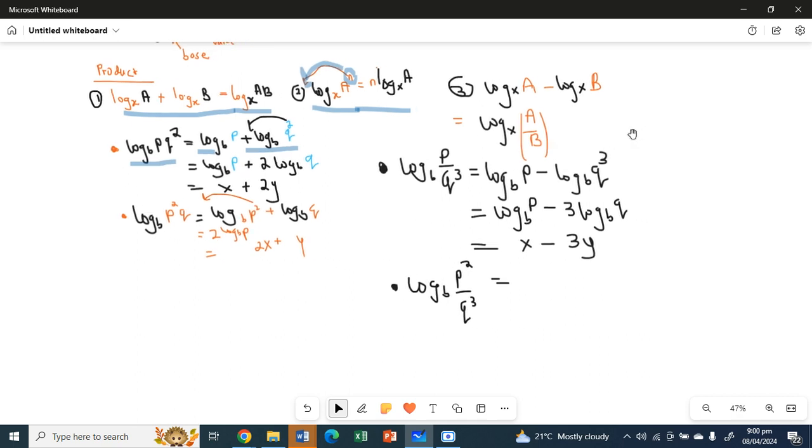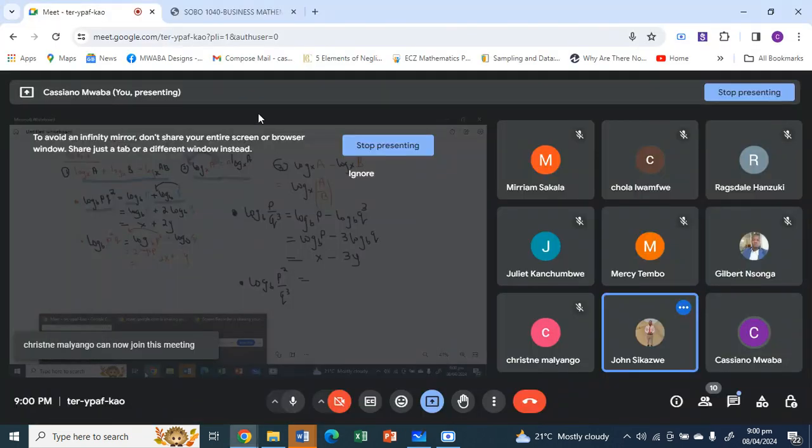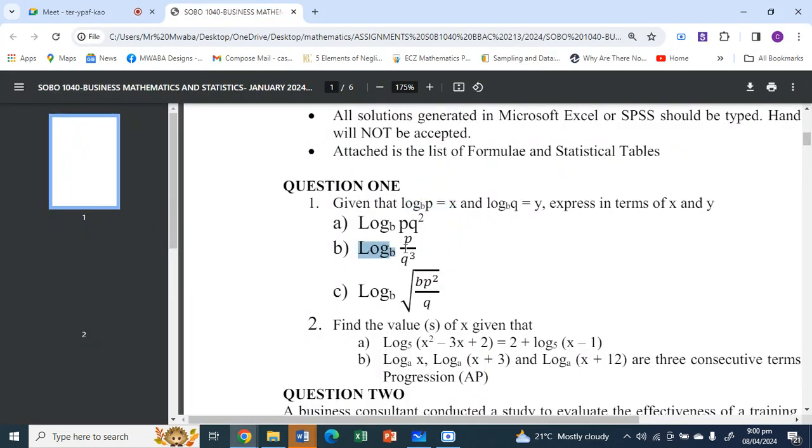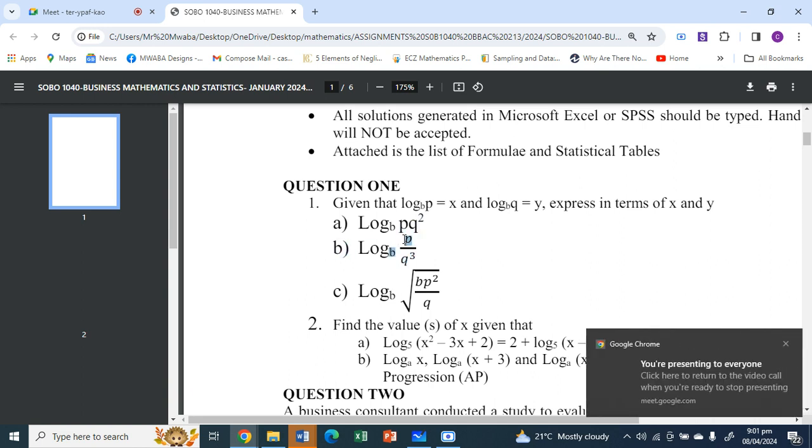For question two, we were using the quotient rule. Your question is related to this one, right? Yes. So here, when you see there's a division between variables, you know you need to apply the quotient rule.